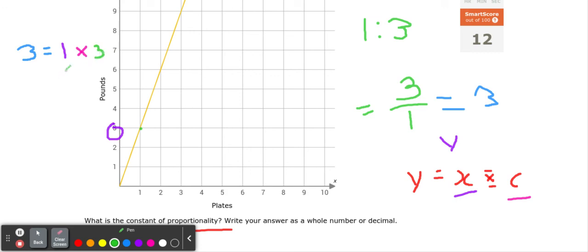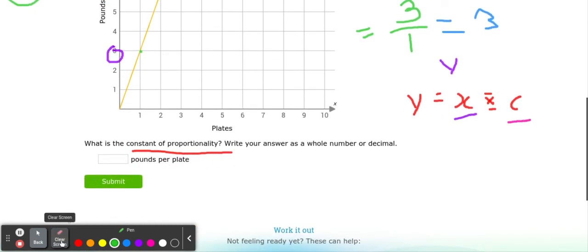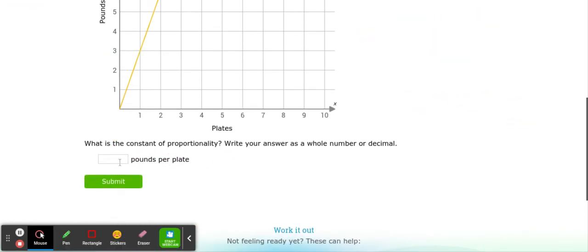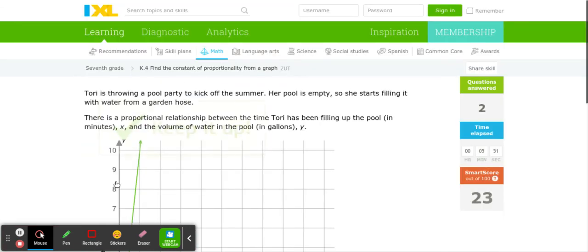This makes sense because 1 times 3 does equal 3. So let's check our work. Is the answer really 3 or not? Correctamundo. I hope this video helped you understand the constant of proportionality.